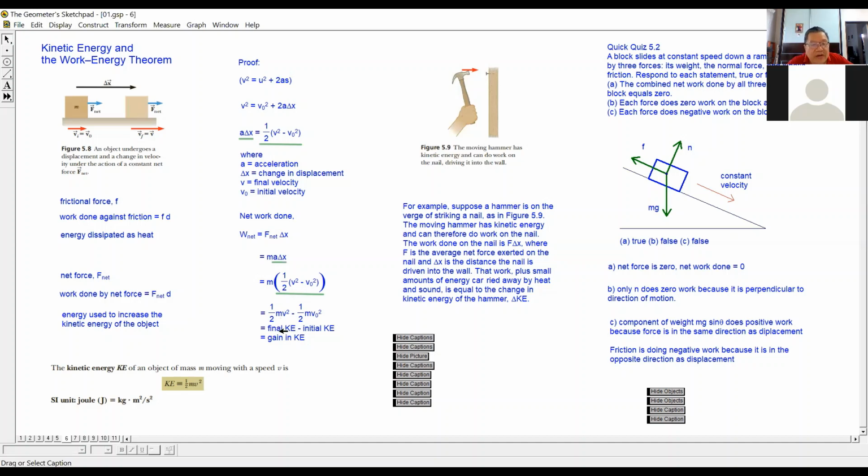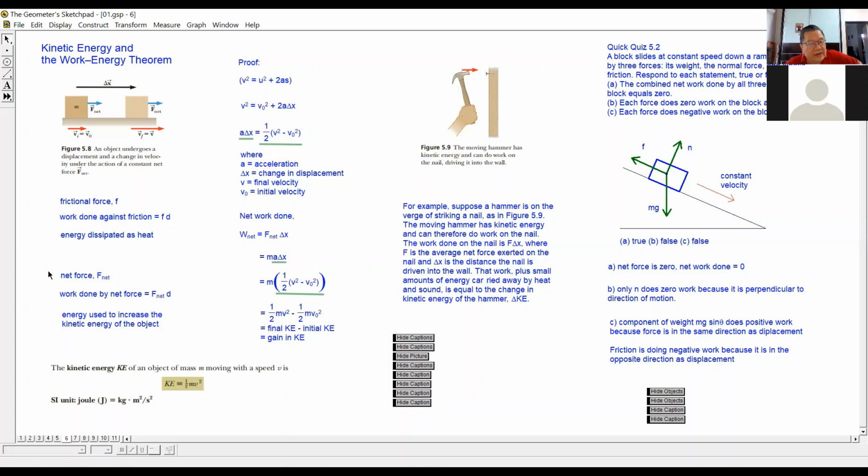Half mv squared is the final kinetic energy. Half mv naught squared is the initial kinetic energy. So the final kinetic energy minus the initial kinetic energy equals the gain in kinetic energy. It means that the net work done is fully used to gain kinetic energy, fully converted into kinetic energy.